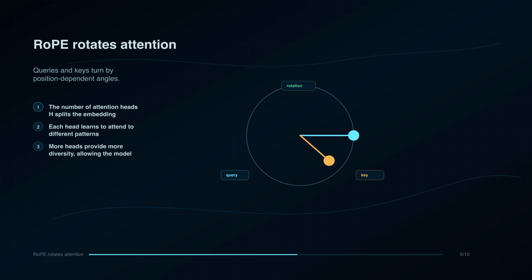The feed-forward dimension is usually set to 4 times the embedding dimension. Why 4? This is a heuristic that balances capacity and cost. The feed-forward layer expands the representation into a higher dimensional space, applies a nonlinearity, and projects back down.